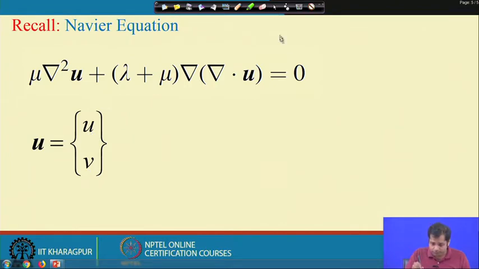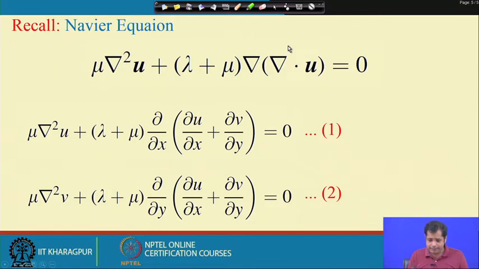If you recall this expression, this is Navier's equation, and if I write this expression in the x direction and again in the y direction, these will be the relations. Since we are talking about plane problems, we have two equations, in the x and y directions: equation 1 and equation 2. Now, let us take equation 1 plus i into equation 2.